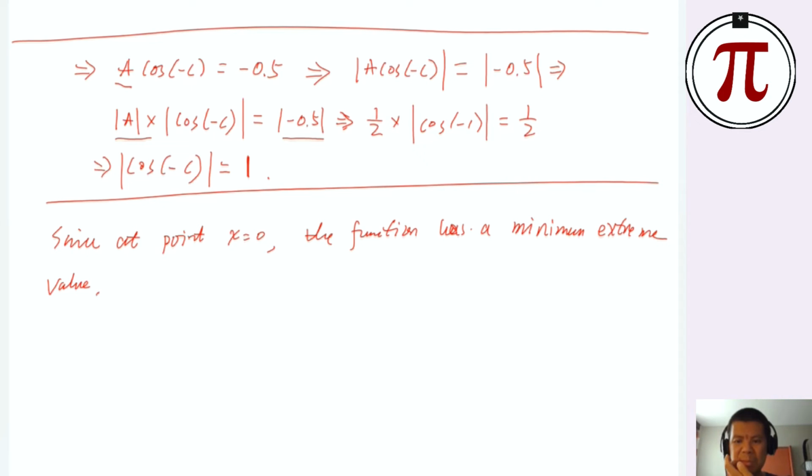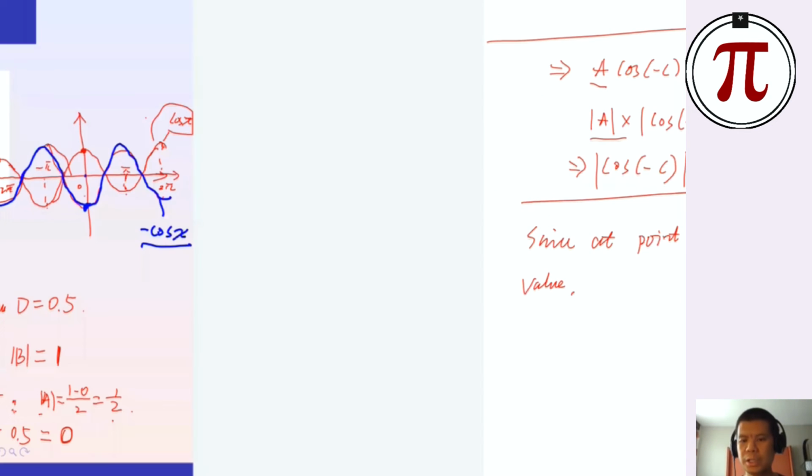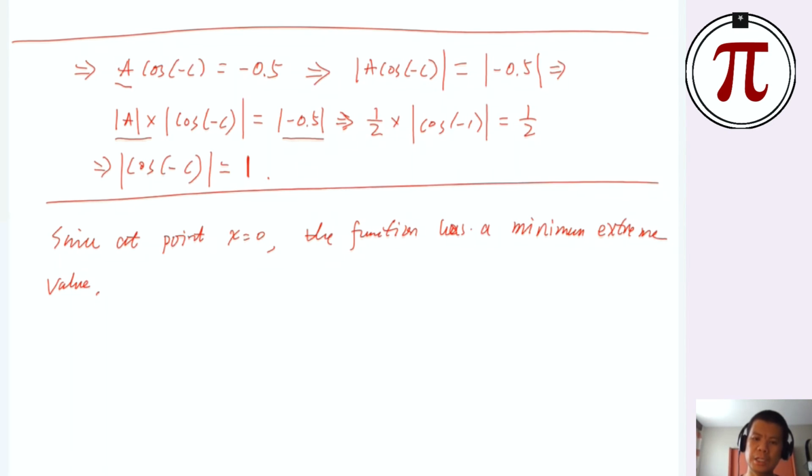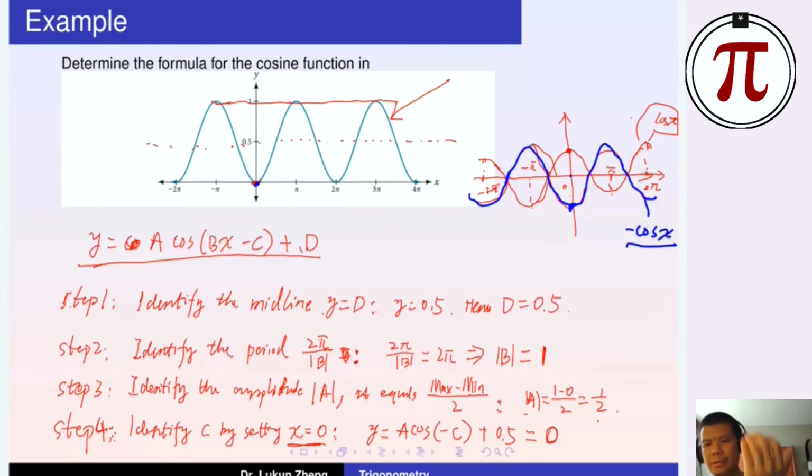So it has a minimum extreme value, which means it's similar to the negative cosine: the coefficient a is going to be negative. It's going to be a reflection of cosine over the x-axis.